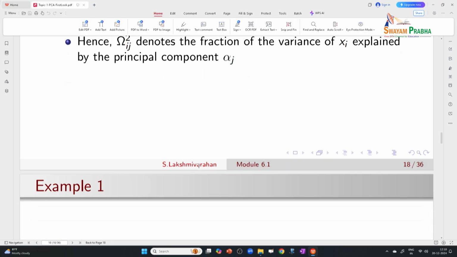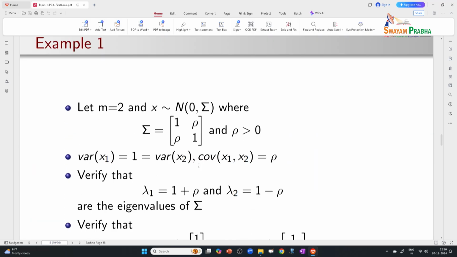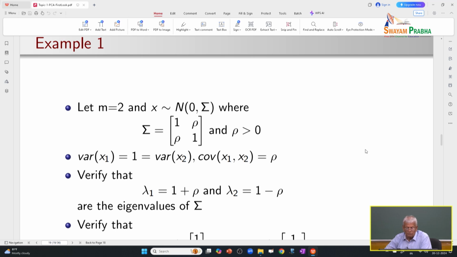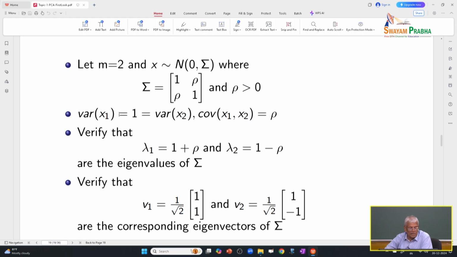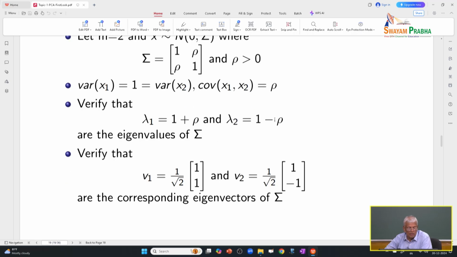That's an important interpretation. Now I'm going to give an example quickly. Let m be 2, X is N(0, sigma), sigma be the matrix with 1, 1 on the diagonal and rho off the diagonal, that means sigma 1 square is 1, sigma 2 square is 1, variance of x1 is 1, variance of x2 is 1, covariance of x1, x2 is rho.